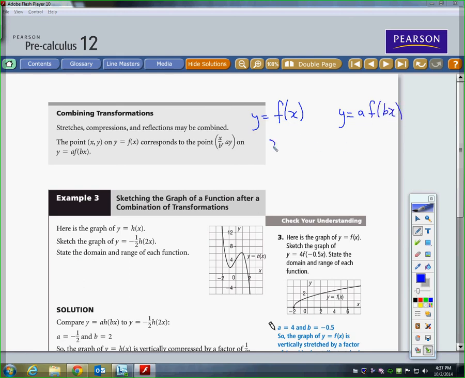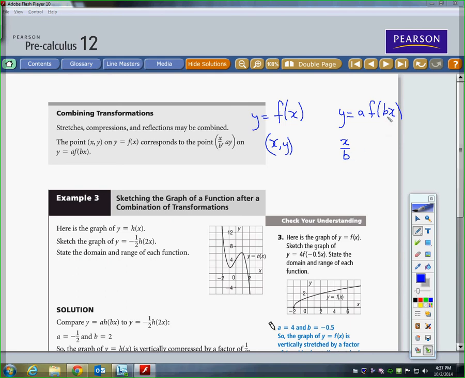Any point x comma y on my first function will have a corresponding point. Now remember, this b is associated with the x. It's easy to see, except it's the reciprocal function. So this x will be x over b, or another way to think of it, x is multiplied by the reciprocal of b.